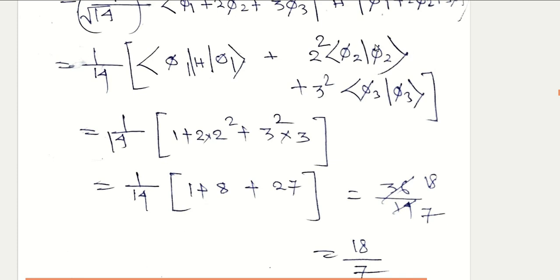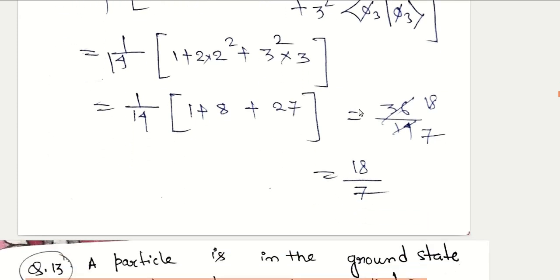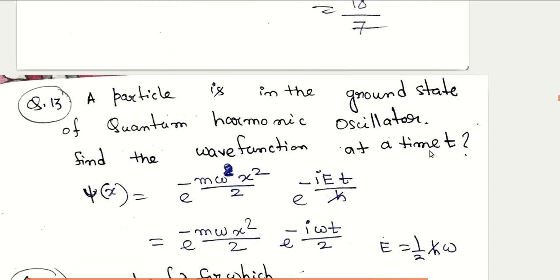So phi 2 H phi 2 will give 2 into phi 2 which is 1, so it is 2. So 2 into 2 square, and 3 square into phi 3 H phi 3. H phi 3 is 3 into phi 3, so that will be 3 square into 3 into phi 3 which is 1. So 3 square into 3. Altogether they will give 18 by 7.